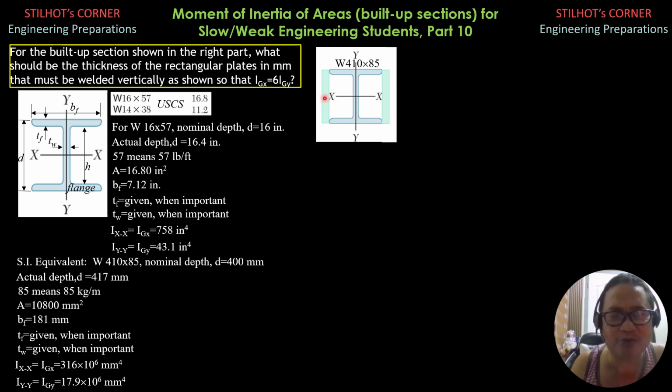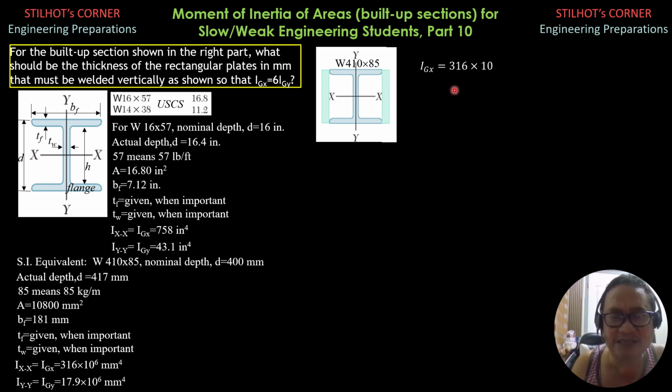The IX of these plates is base, which is thickness, height, which is the depth, 417, cubed over 12. That's it. We don't need to transfer because the centroidal x-axis of the two plates coincides with the centroidal x-axis of the wide flange as well as the entire figure.